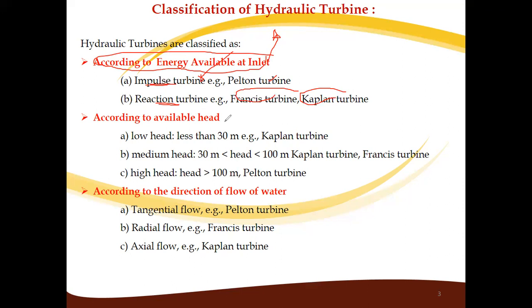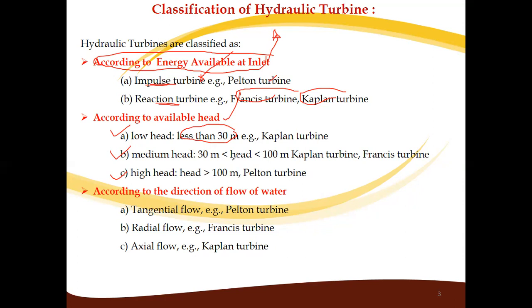Now according to the available head, they are classified into three types of turbine. One is low head turbine, medium head turbine, and high head turbine. So when the head is less than 30 meter, then that type of turbine is called as low head turbine. For example, Kaplan turbine is a low head turbine.